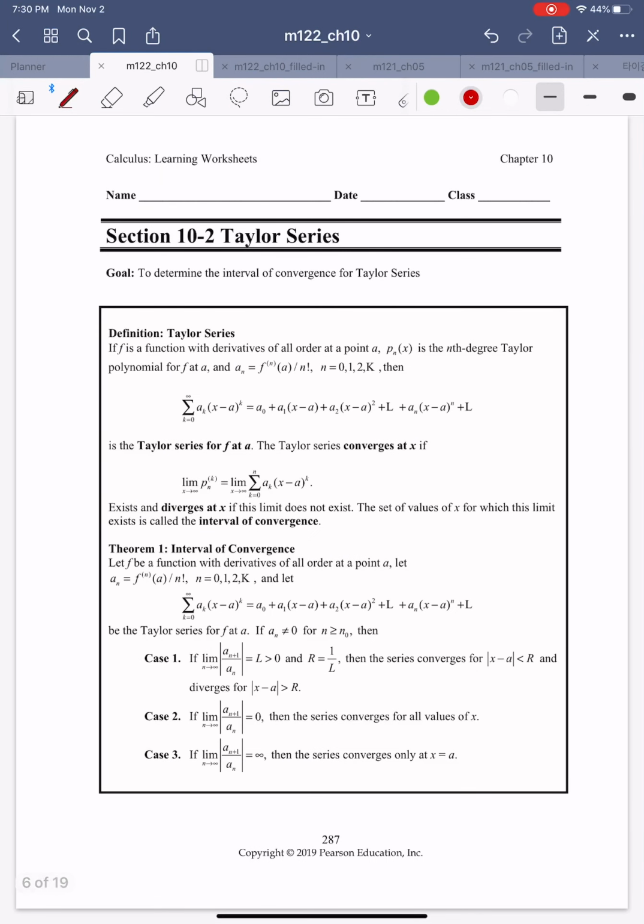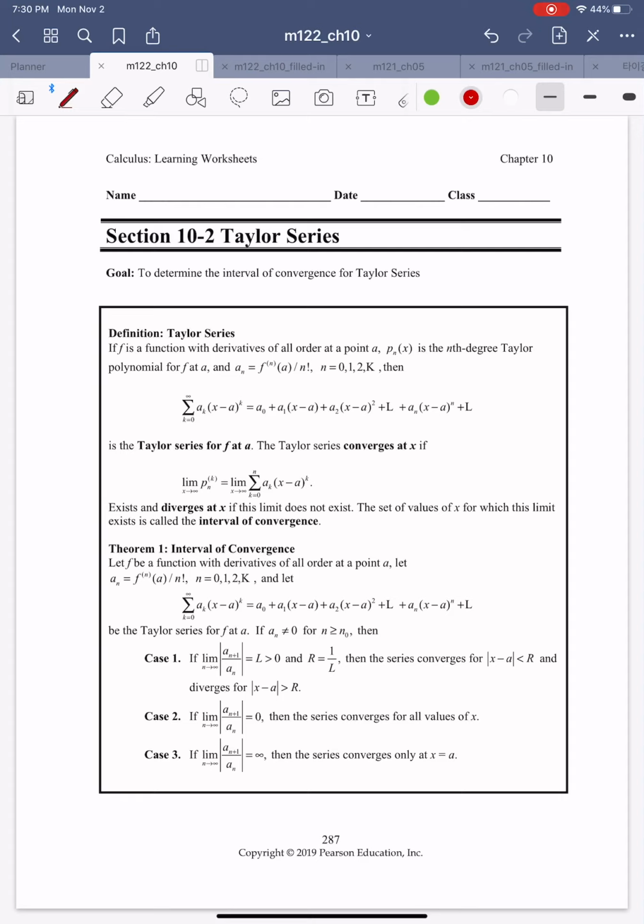All right, now we are going to move on to 10.2, which is the Taylor series. The goal of this section is to determine the interval of convergence for the Taylor series.